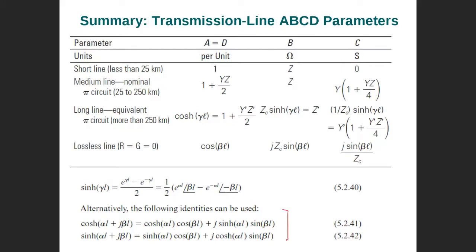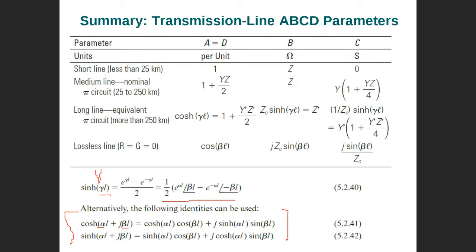Okay, so make it easy for you. Cosine hyperbolic lambda: the sine hyperbolic will have a real part and an imaginary part. Cosine hyperbolic will have a real part and an imaginary part.